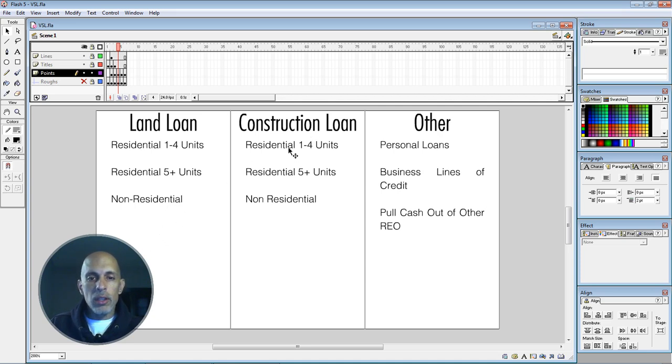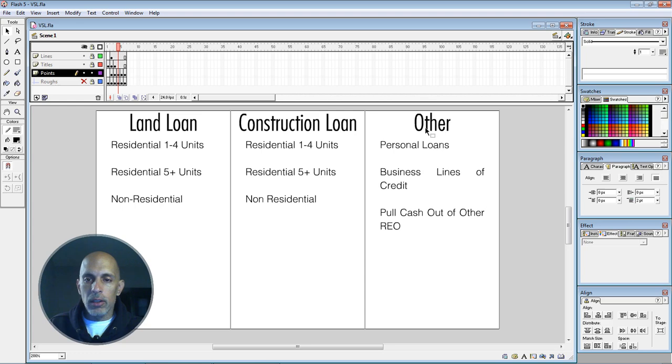With construction loans, there is again residential and non-residential. Non-residential would be building a hotel, an office space, a warehouse, a restaurant, things like that. Within residential, there's 1 to 4 units and 5+ units. 5+ units is considered commercial.